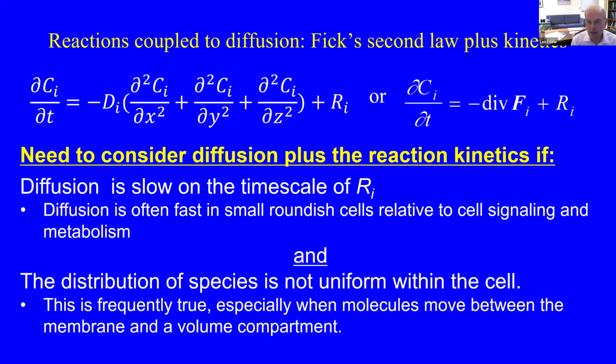So Virtual Cell solves spatial problems as well as non-spatial problems. And so for this kind of a problem where you do have to worry about diffusion, you would use Virtual Cell. And it can solve these problems either deterministically or stochastically.